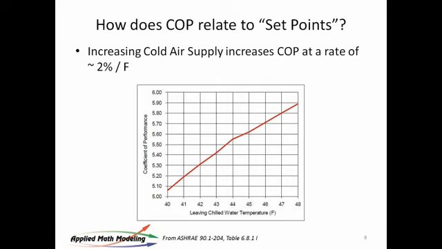And that was my point I just made in the chart, that by driving up the supply air temperature, you get an improvement in the overall efficiency of the system, meaning the COP goes up, and it goes up at a rate of approximately 2% per degree F. It's actually 3.5% for every 1.8 F, so it rounds out to about 2% energy efficiency improvement by increasing the cold air supply temperature. So you want in your data center to try to drive the supply air temp up as high as you possibly can to save energy. That's what that's telling you.